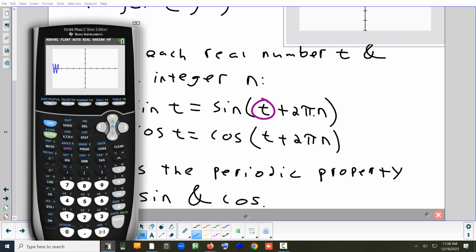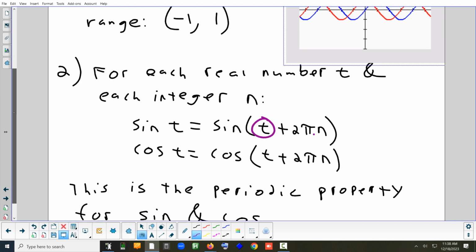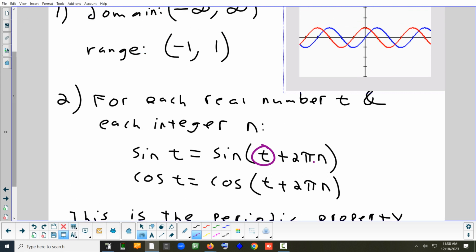And the idea on the graph is, let's say you're right here on the graph. If you go 360 degrees down the graph, you're going to be in exactly the same spot in a different cycle.